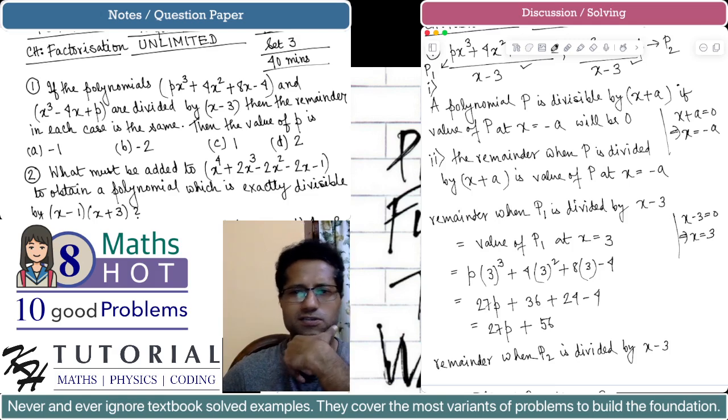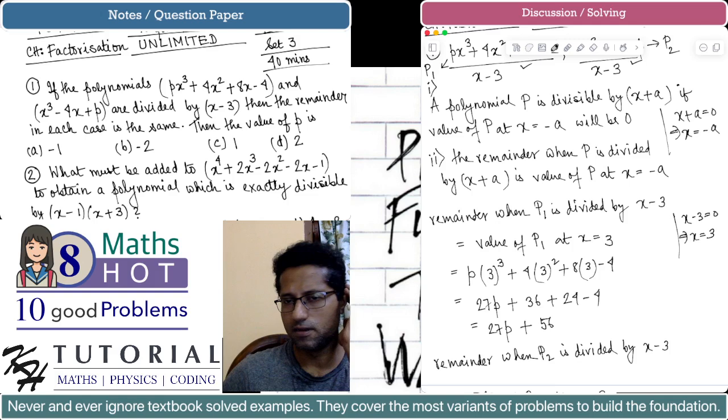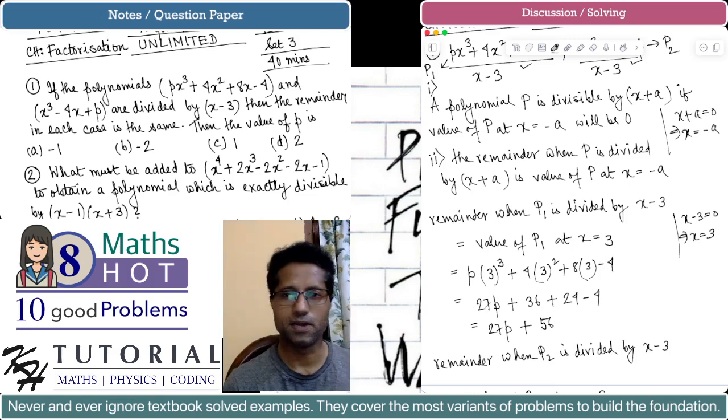I hope this is the concept. I am not really sure whether I am saying it correctly or not, but definitely if a polynomial p is divisible by x plus a, then the value of the polynomial at x equals minus a will be 0.